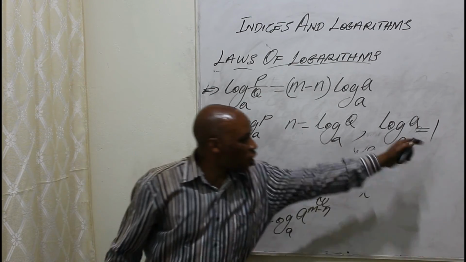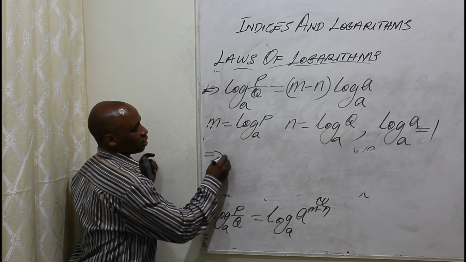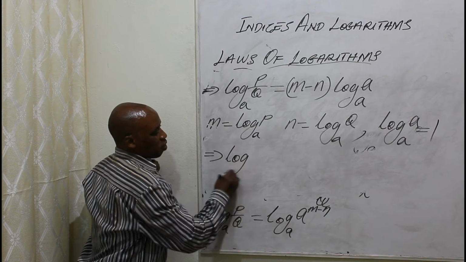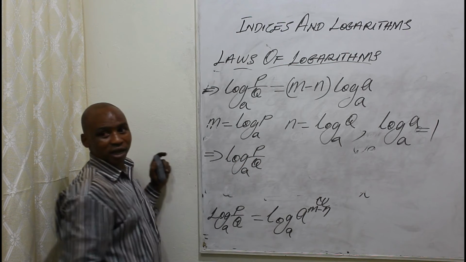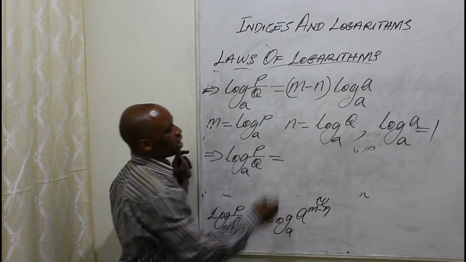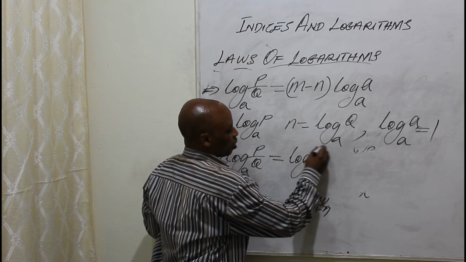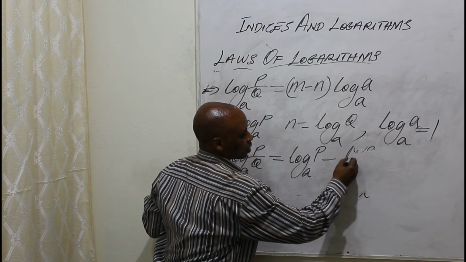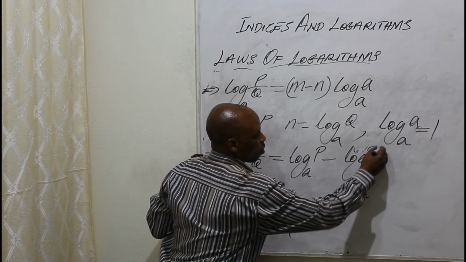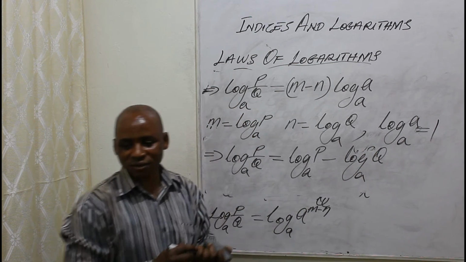Now substituting all this into the equation, we will end up getting the log of p divided by q to base a being equal to the log of p to base a minus the log of q to base a, as required.